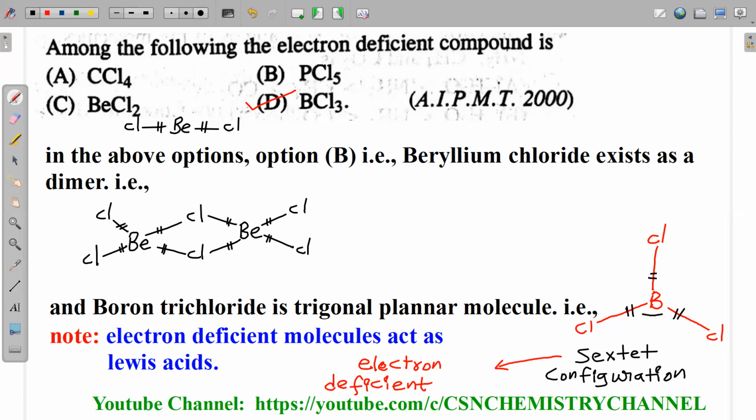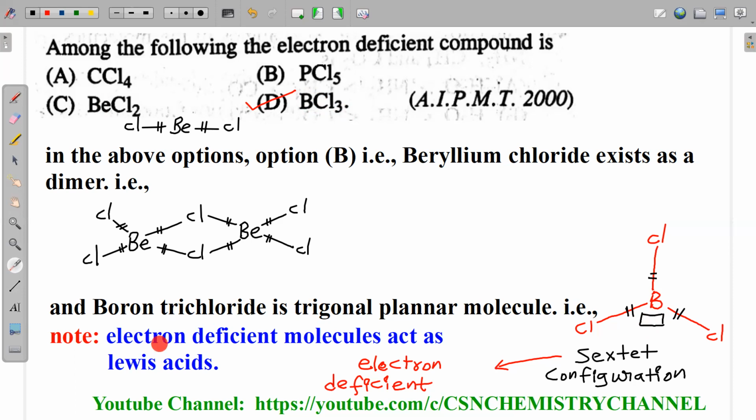So here the central atom boron contains one vacant orbital. This indicates electron deficiency. Among all the given options, boron trichloride, BCl3, has electron deficiency. Because of this, the central atom boron contains one vacant orbital, which is ready to accept a pair of electrons.